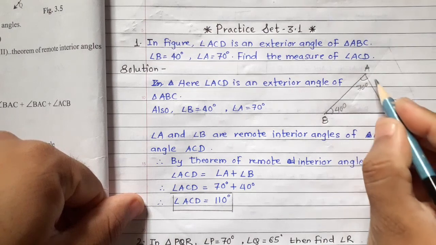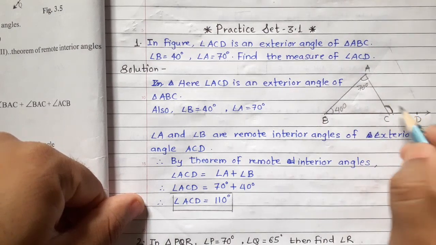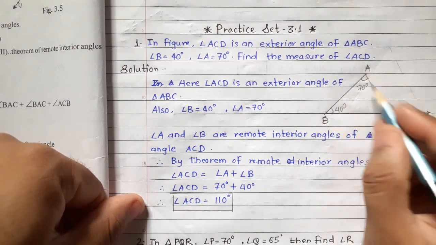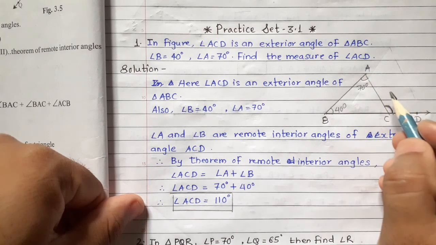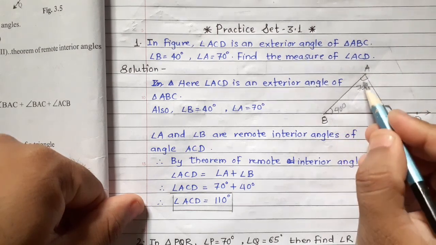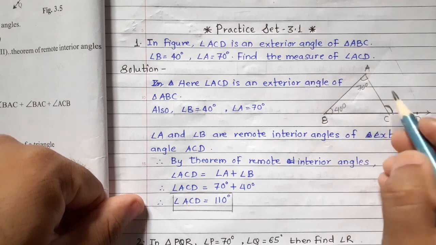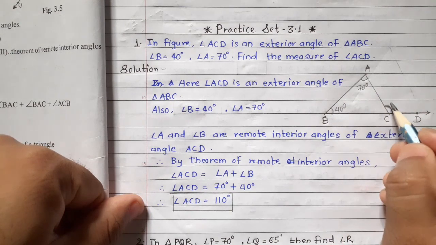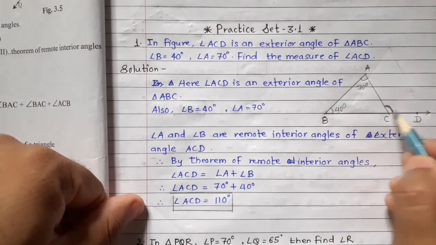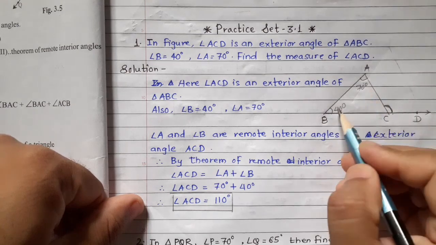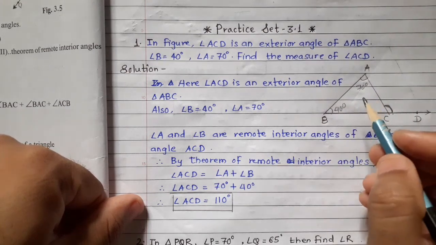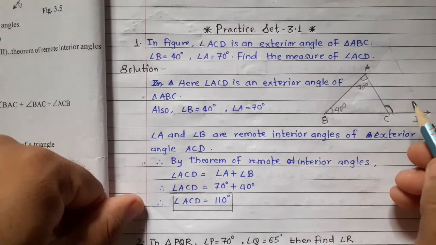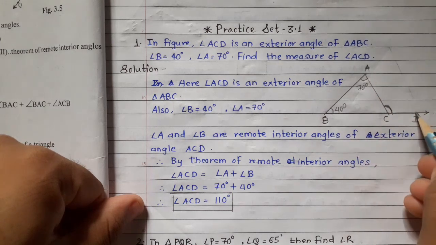Then angle A and angle B, these two angles, are the remote interior angles of exterior angle ACD.